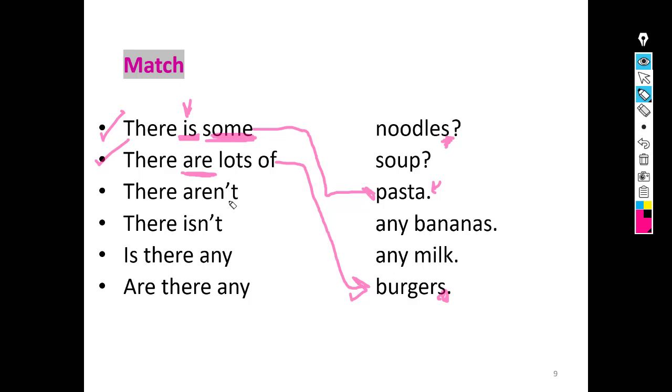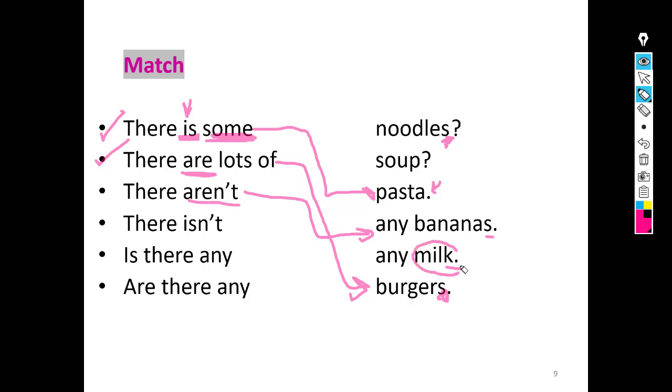There aren't. It is negative and we have got two "any" here. How can we find the difference between them? Look at the nouns. Bananas and milk. Which one is countable? Which one is uncountable? If we have got an uncountable noun, we cannot use "are" because we cannot count it and it hasn't got any plural forms. So there is only one option. There aren't any bananas.